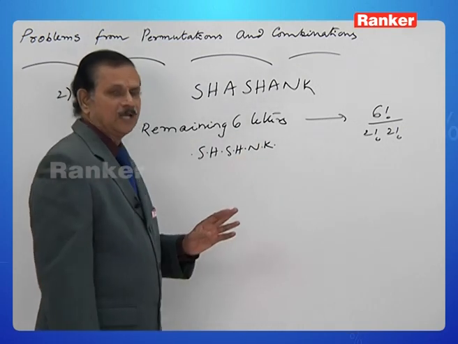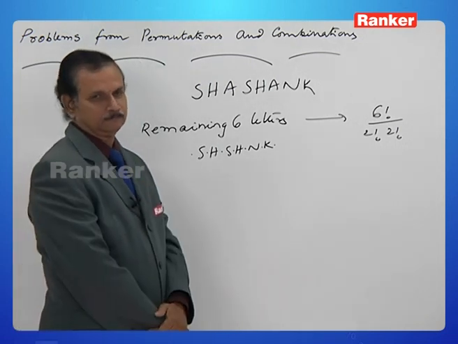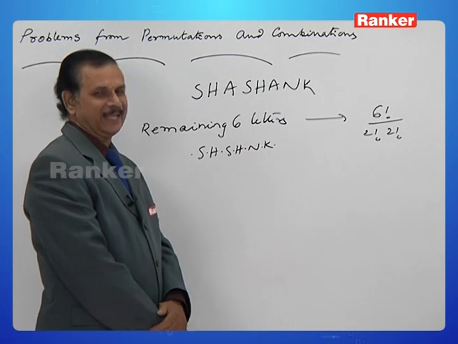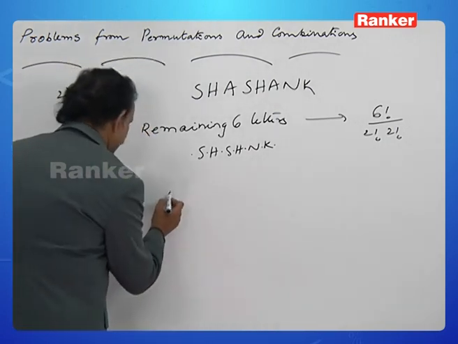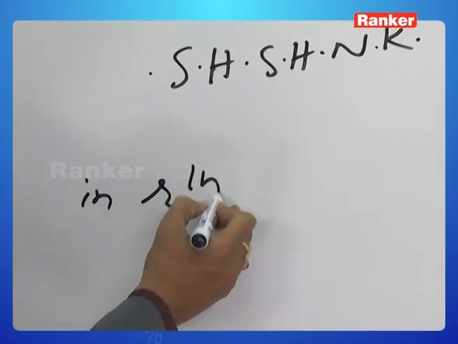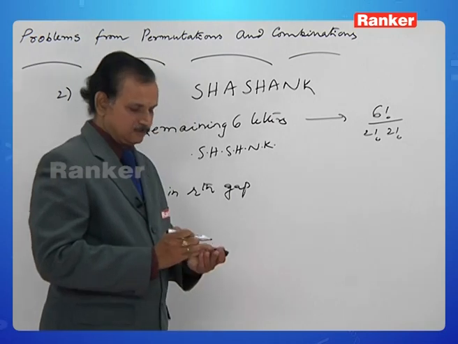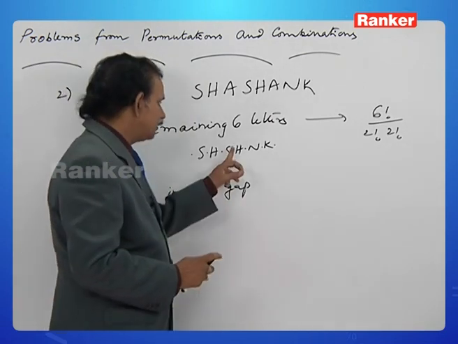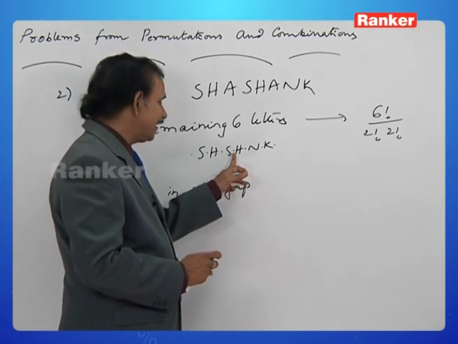Out of these, let me place 1 A at 1 gap, say some rth gap. In the rth gap, I put 1 A. You imagine. Then suppose I put 1 A here. Where should I put another A?